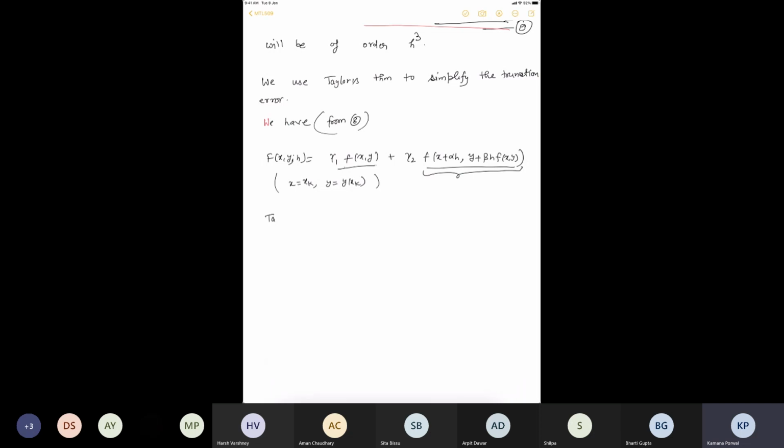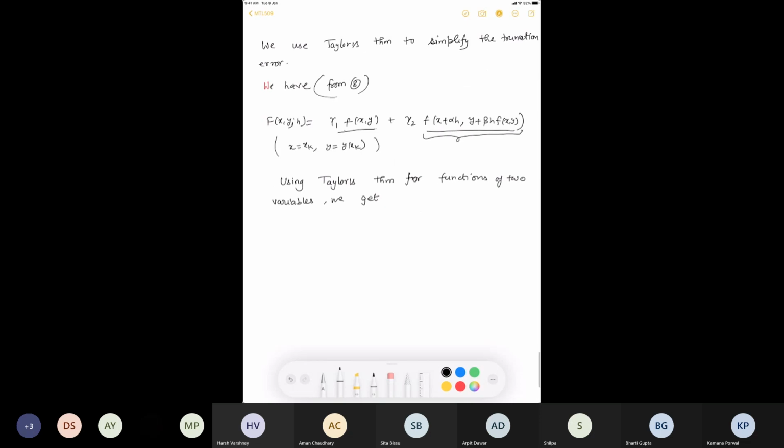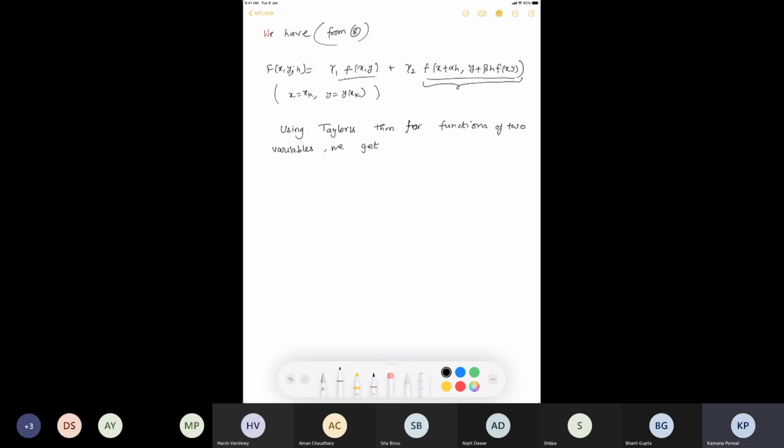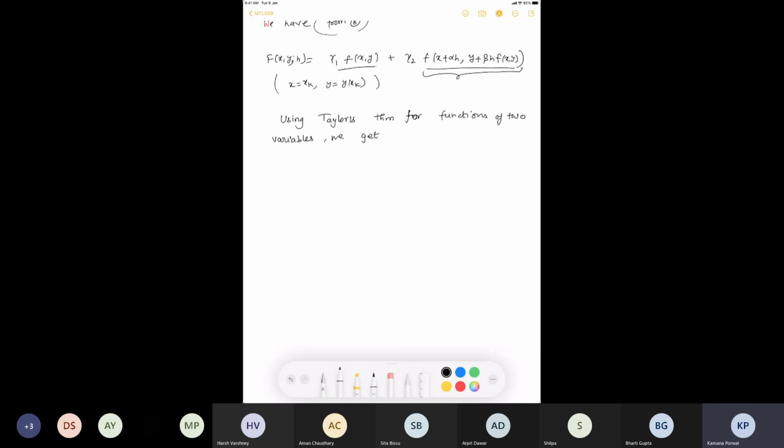So you have to apply Taylor's theorem in 2 variables. In case you do not recall the Taylor's theorem for the multivariable case, I ask you to please go and check it. I'm just needing it here for 2 variables.